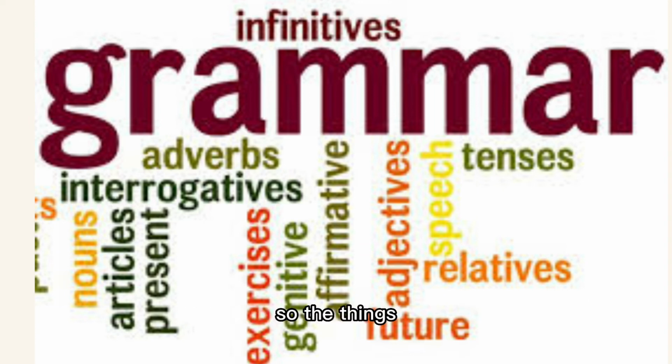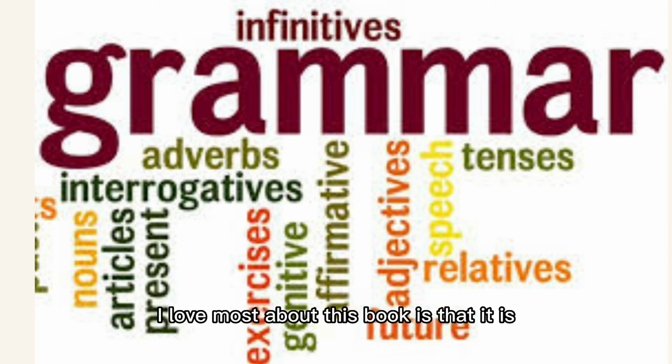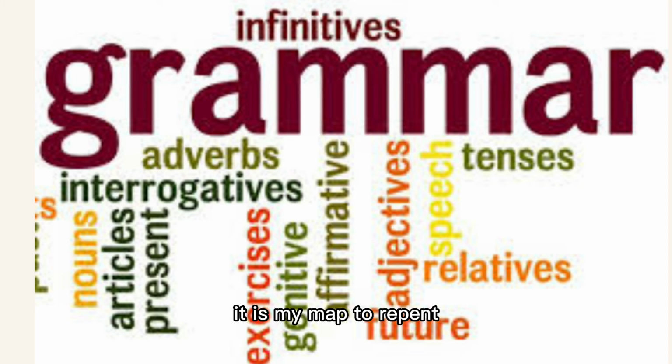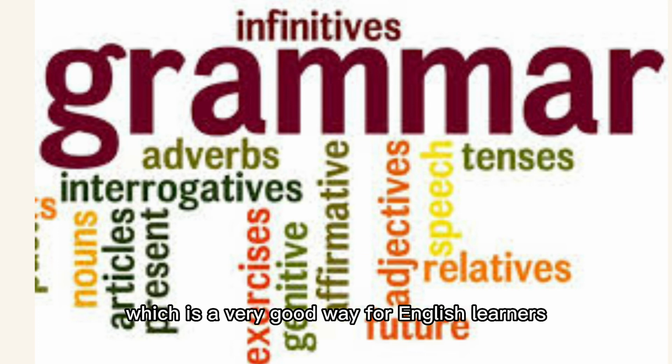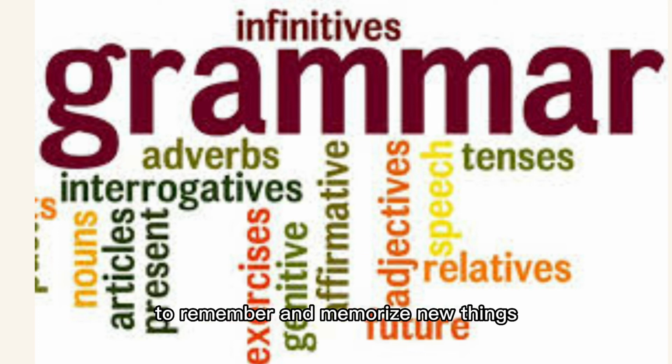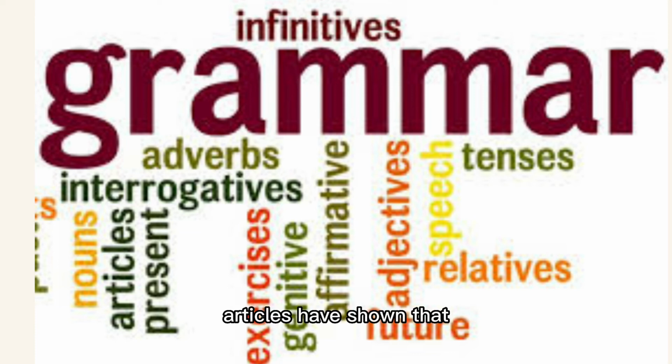The thing that I love most about this book is that it uses mind maps to represent the theory and grammar topics, which is a very good way for English learners to remember and memorize new things, because many researchers and many articles have shown that learning something from mind maps helps you to memorize it longer.